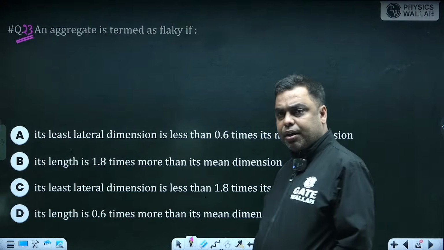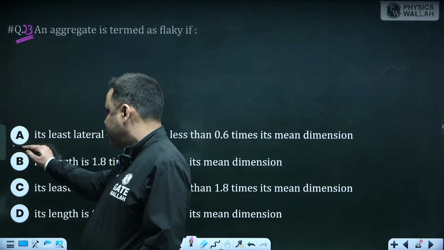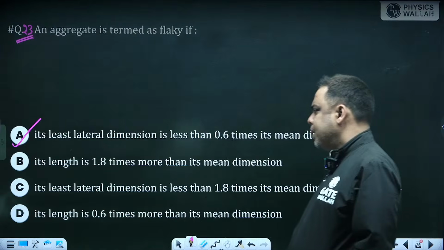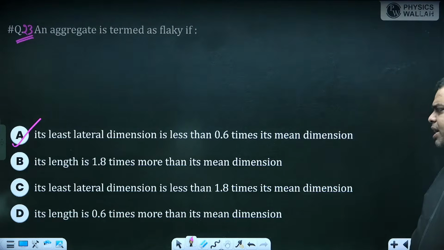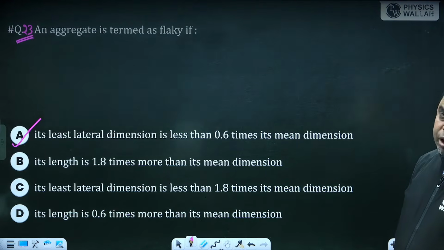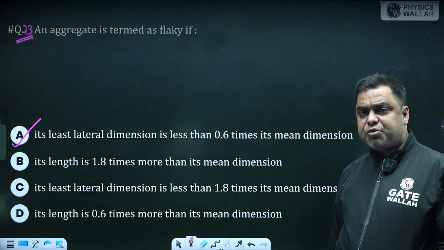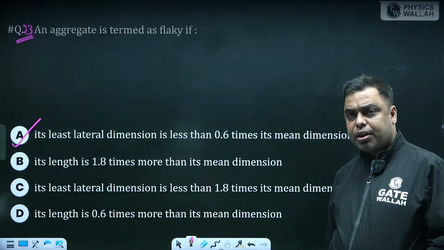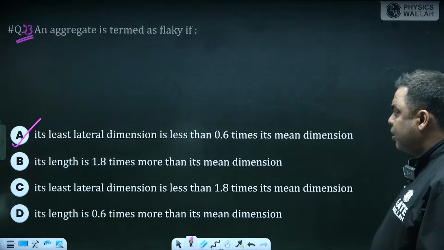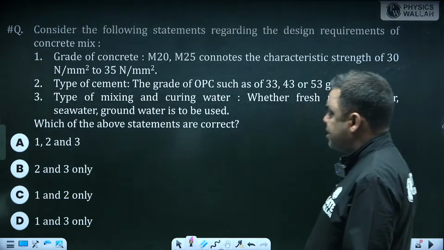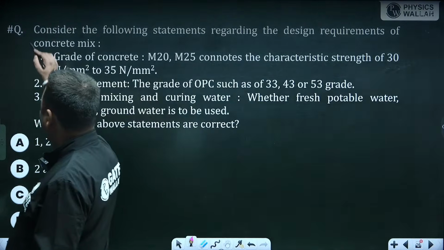A. Good. Least lateral dimension is less than 0.6 of mean dimension. For elongated, it is 1.8, right? Good. Next, 24.